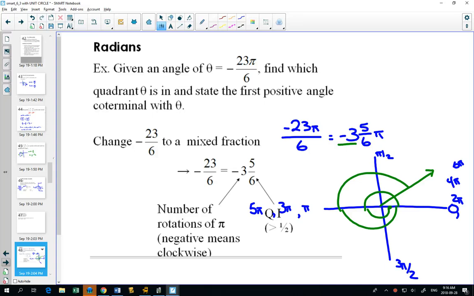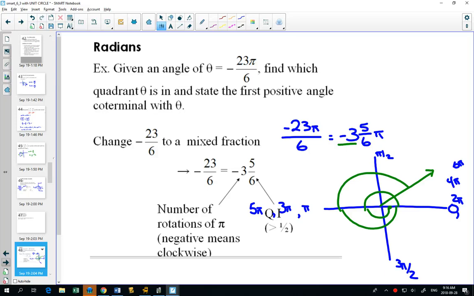And what is the first positive angle coterminal with negative 23 pi over 6? This is where radians is the easiest. Way easier than degrees. 23 pi over 6, that's a fraction, cannot be reduced. Do you know what family it's in? The pi over 6 family. So when it can't be reduced and it's pi over 6, doesn't matter what the number is on top, it's going to be part of the pi over 6 family.